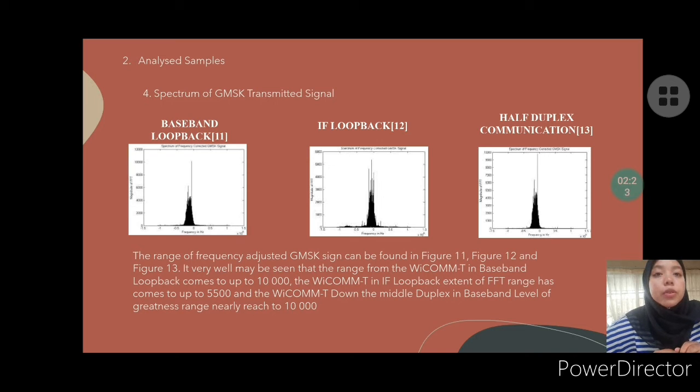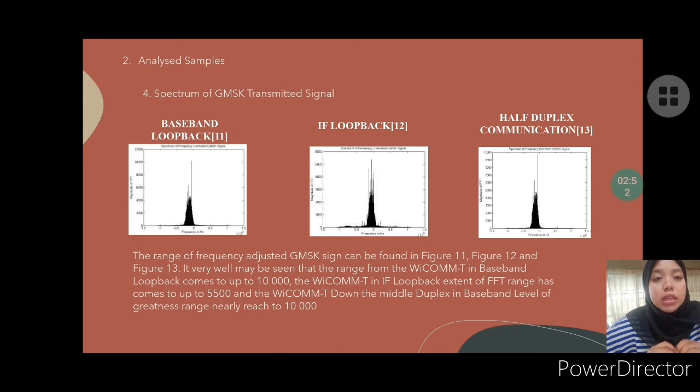Analysis sample for the spectrum of the GMSK received signal. The frequency range of the GMSK signal can be found in Figures 11, 12 and 13. It can be seen that the spectrum from baseband loopback reaches up to 10,000.